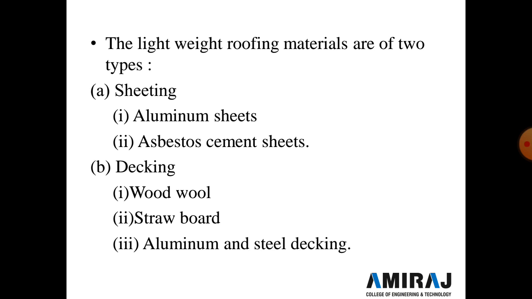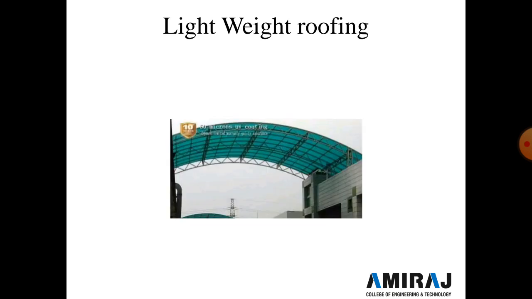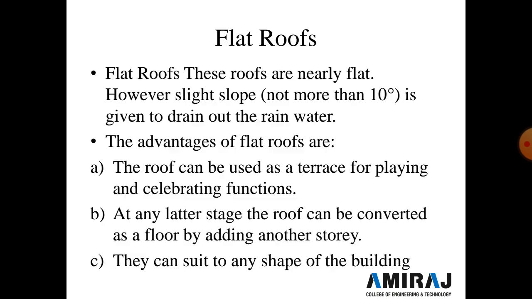First is sheeting and decking. Sheeting is divided into aluminum sheets and asbestos cement sheets, and decking is divided into three parts: wool, straw board, and aluminum steel decking. Lightweight roofing is generally seen in malls or industrial buildings.